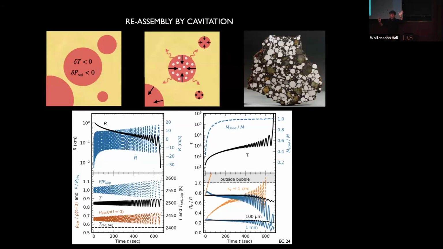If the fragments are too big, these collapsing vapor clouds won't entrain them. When we do the calculation, we can entrain all the sub-centimeter size things, but bigger things are just left outside the bubble. So this is one way to size select for the melt droplets that you compactify.